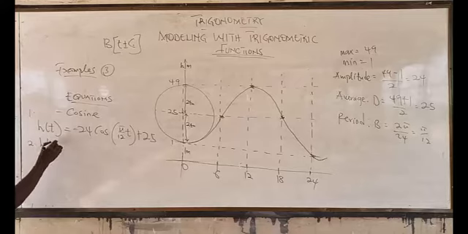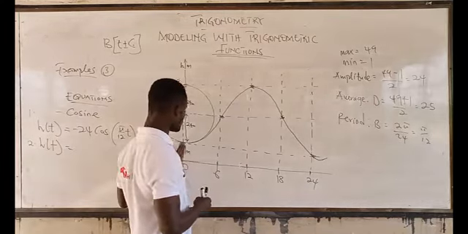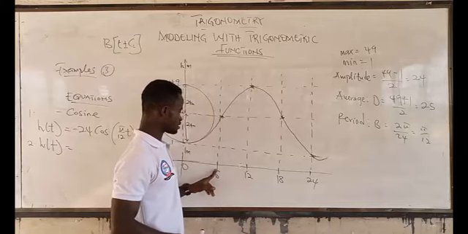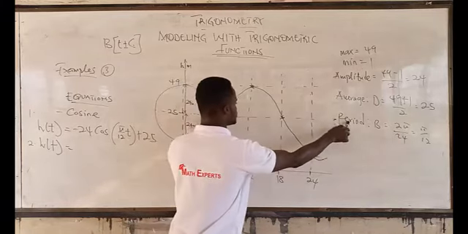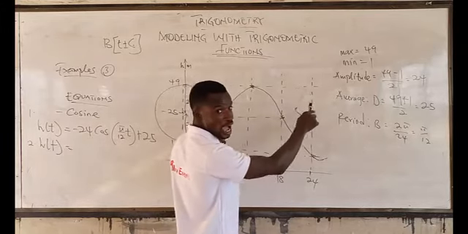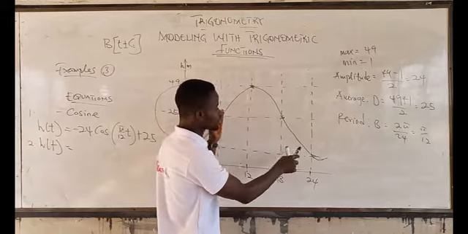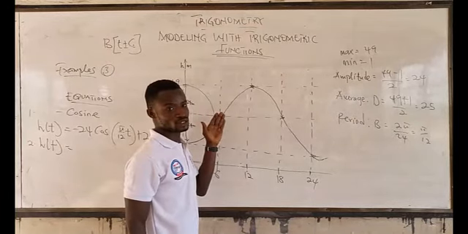Let me go for the sine. For sine, we have to shift to the right to where t is 6. So that will be here, and that is going to give you something like this, alright? And this one is concave up, alright? And since it's concave up, is it going to be positive or negative? That's going to be positive.